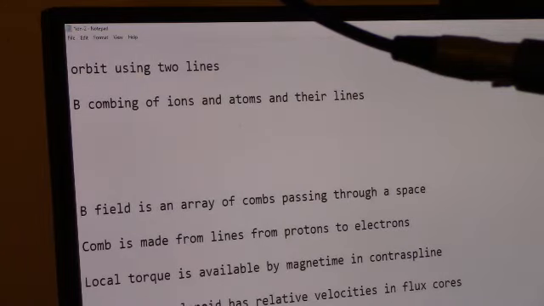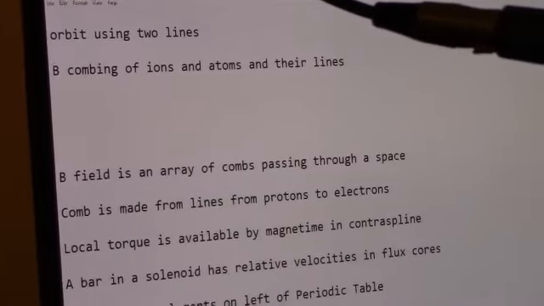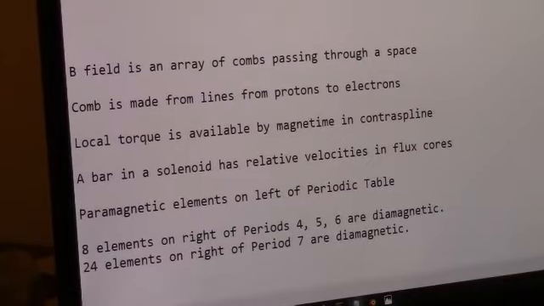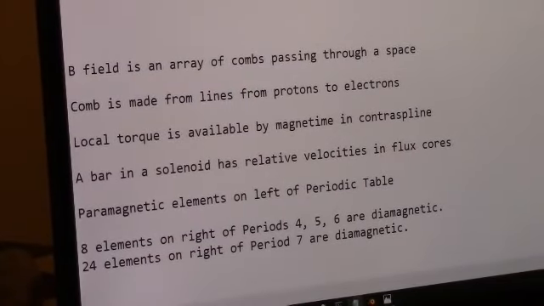Let's see, I'm at the end of my tether here. Oh, there it is. I was able to get the bottom of this picture into view. So anyway, I'm saying that a bar magnet is just like a solenoid electromagnet. If you take a bar magnet and put it inside an electromagnet, they have relative velocities in the flux cores of this combination, an iron bar magnet inside a solenoid.